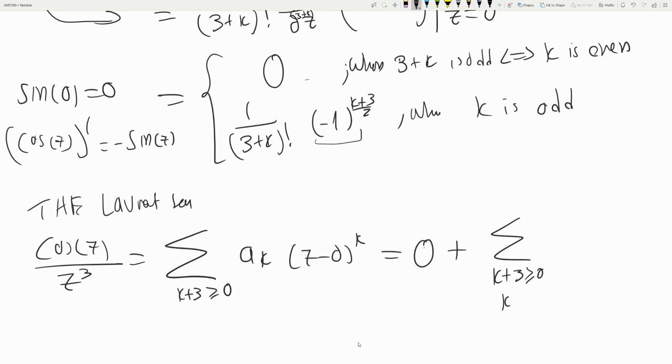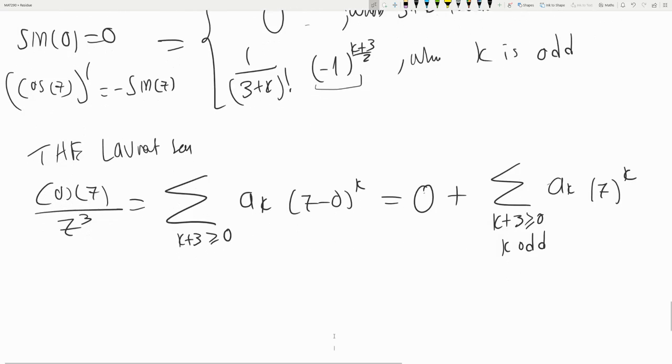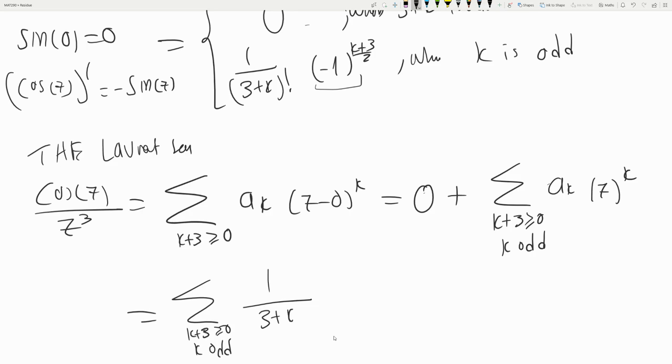So you're left with K being odd. Okay, and we found the coefficient. So that was 3 plus K factorial, minus 1 to the K plus 3 over 2, and then z to the K.